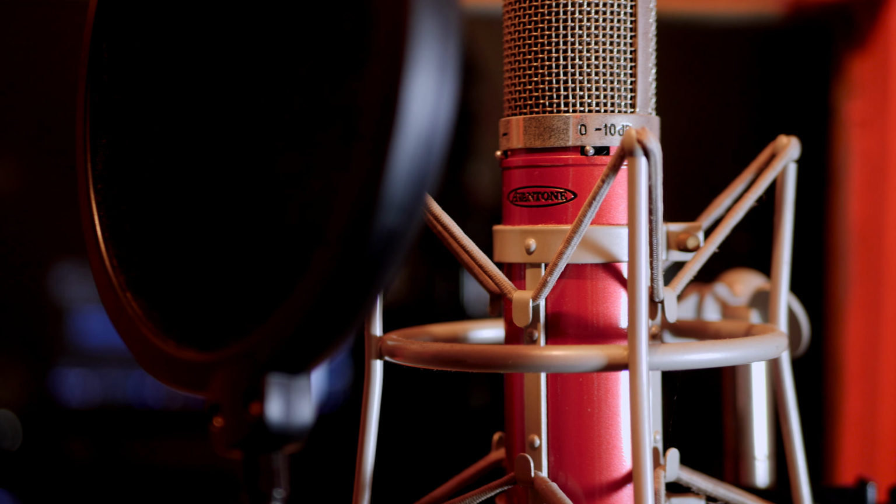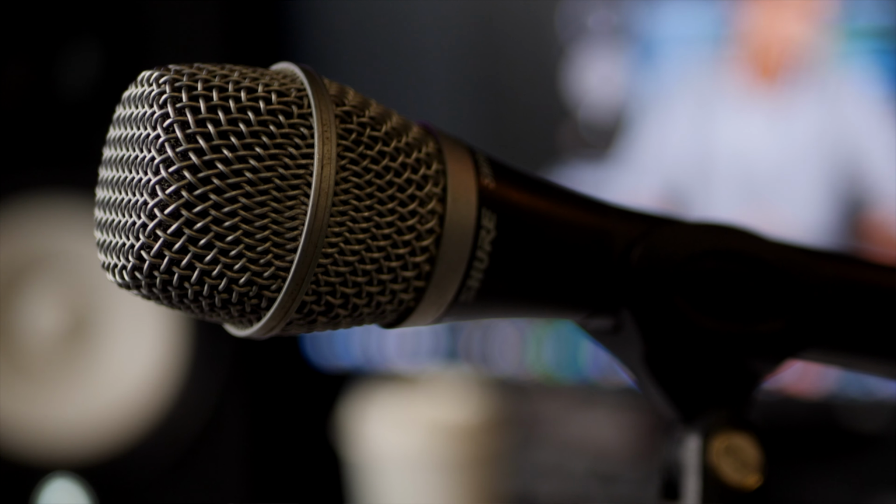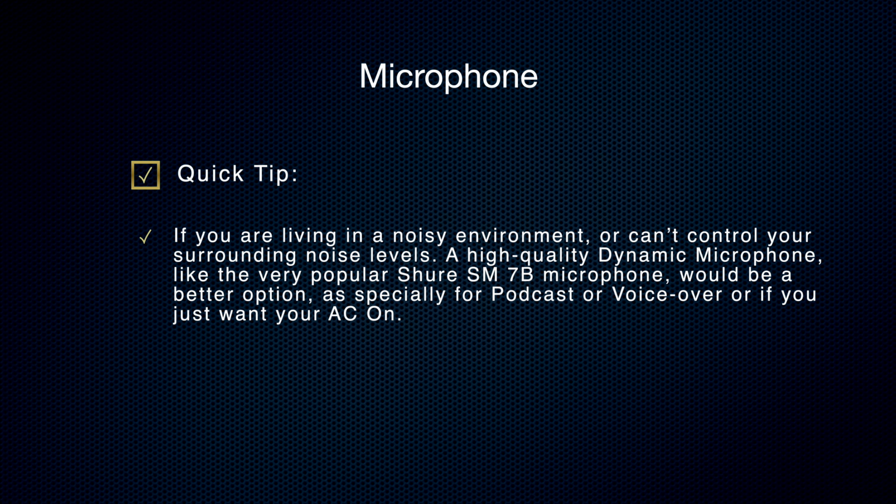After all, that's going to be the voice for your voice. And here the common way to go would be to get yourself a good XLR condenser microphone. A cardioid pattern microphone typically captures more tonality frequencies, and you will get more input gain out of it also. But if at all you are in an environment where it is very noisy, or you cannot control the ambient sounds, be it the air conditioner or your CPU making sound, or just a lot of noise going on in the background which you cannot get over, in that case your best case scenario would be to get a dynamic microphone, a high quality dynamic microphone that would typically yield you better results in controlling that noise flow.